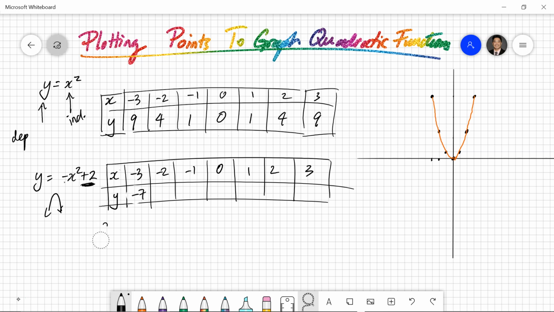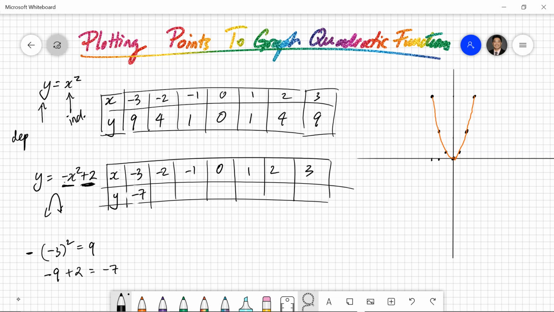So let me just repeat that from the beginning. Negative 3 all squared is equal to 9. But we want the negative of that because it's negative x squared. So we want that to be negative 9. And then when we add 2, we get negative 7.